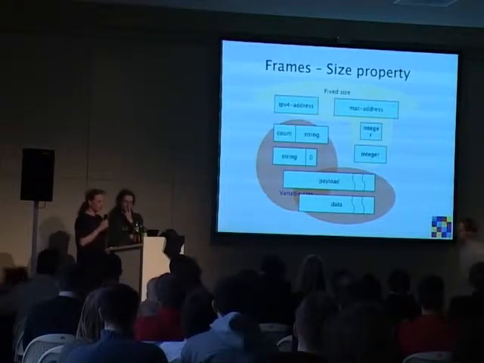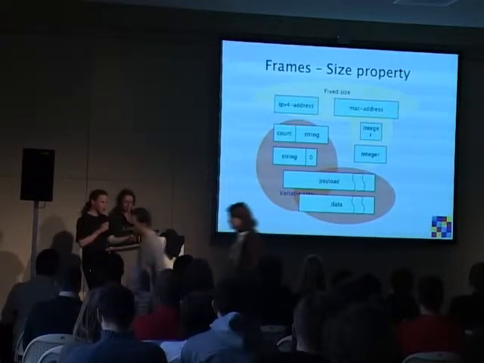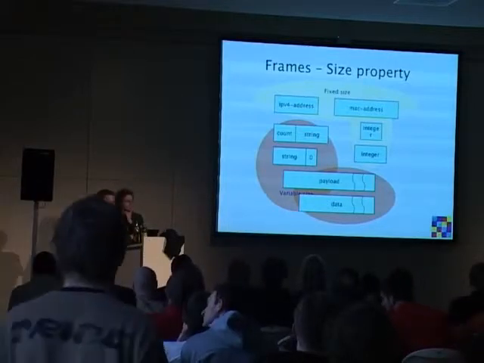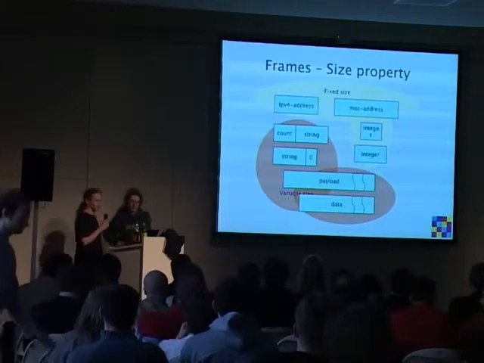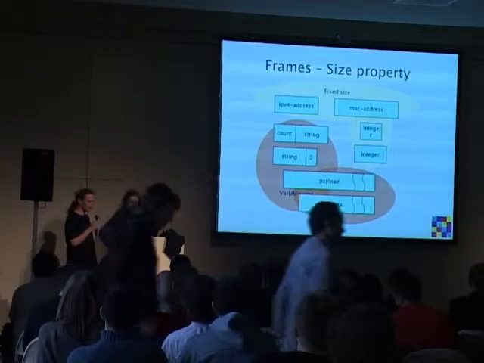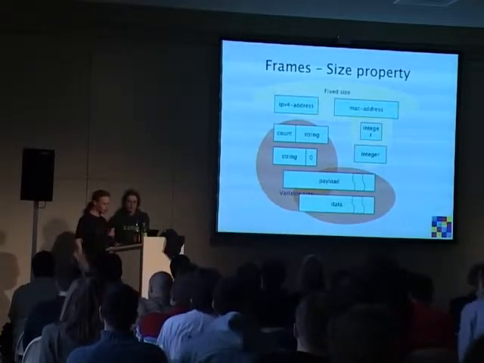So you first get a count field, so let us say 20, and then you get 20 bytes of the string. Well, those frames are variable size, so it's not clear at compile time how long they will be, but it's clear at runtime, of course.